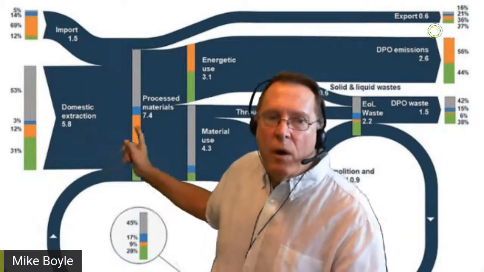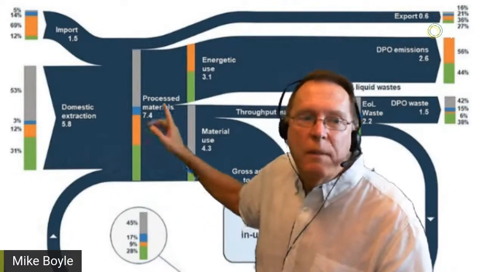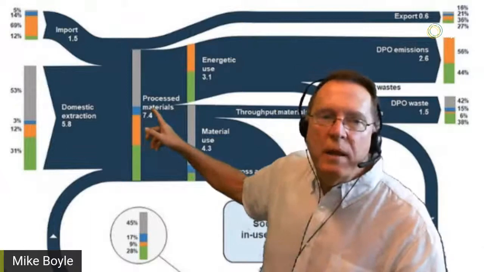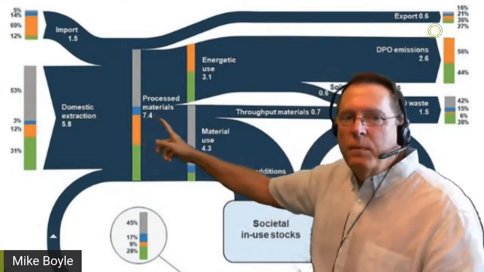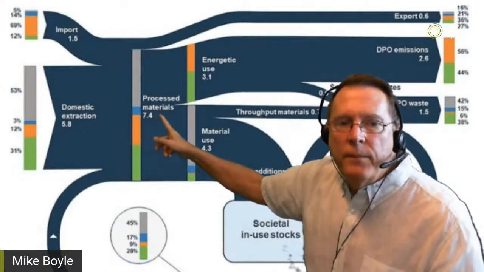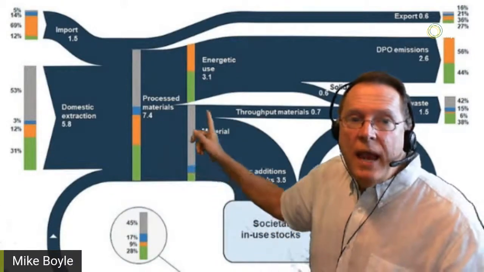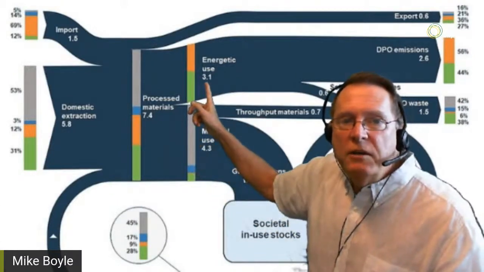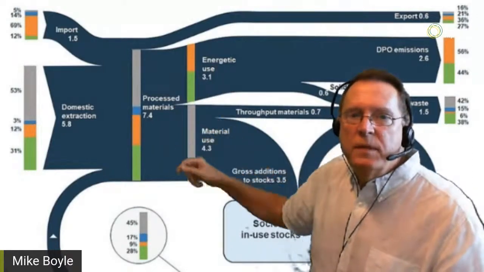And then we have our process materials, which is 7.4. No need to concentrate on the number because that's not the objective. But once we're able to break this down, it gets quite interesting. So of that 7.4, 4.3 are going into material use, and 3.1 is for energetic use. That means that there's a high use of energy within these process materials.